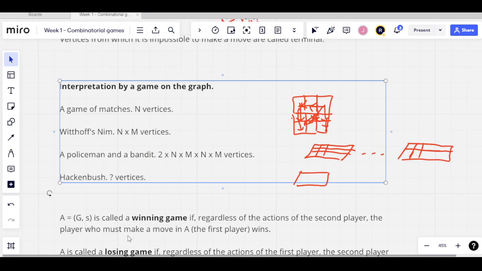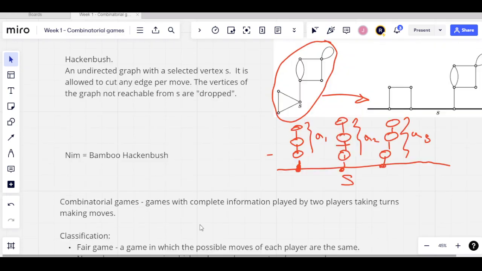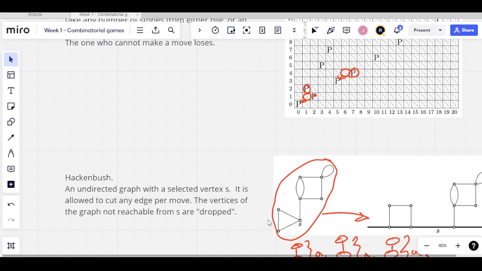Okay. Next, Hackenbush. How many vertices? How many states does Hackenbush have? States of this graph.